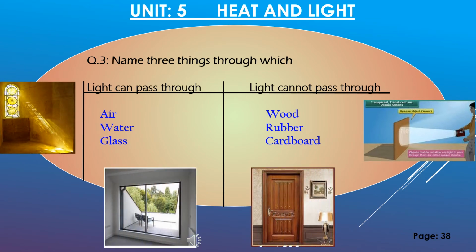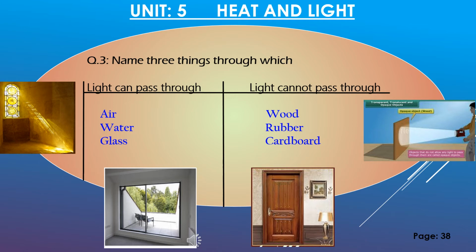Dear students, we have done reading, explanation and written work on science book, page number 37. Today we are going to do your science book, page number 38. Open up your books and let's begin our today's lesson, and that is question number 3.